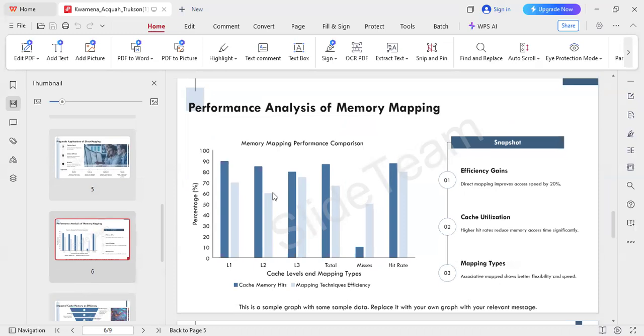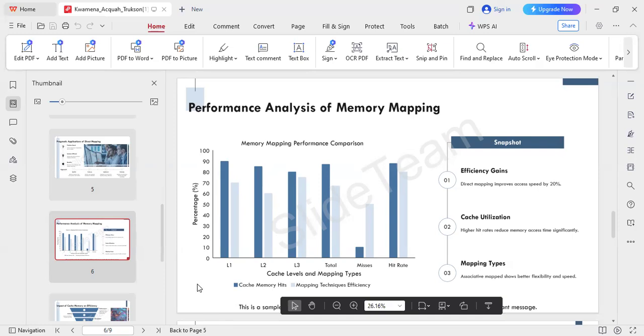So this is a diagram explaining the performance analysis of memory mapping. The L1, L2, L3 are the cache levels.